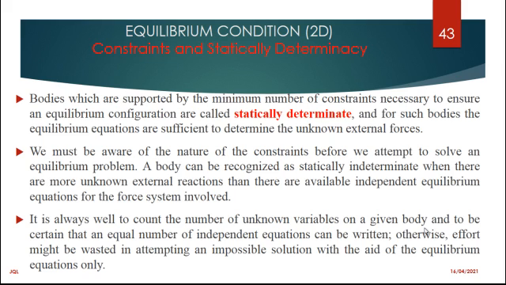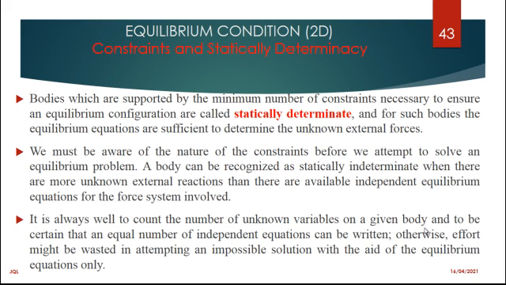if you have, as an example, we are still in 2D, your three equations: summation of forces in the x equals 0, summation of forces in the y equals 0, and summation of moments about a point equals 0. Those are the three basic equations that we have.